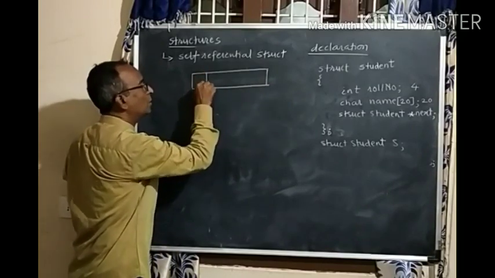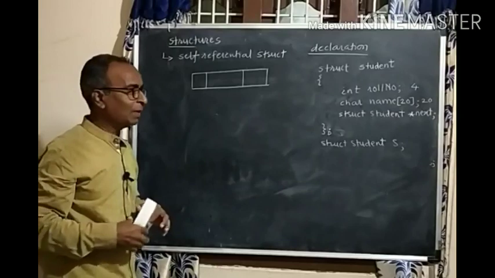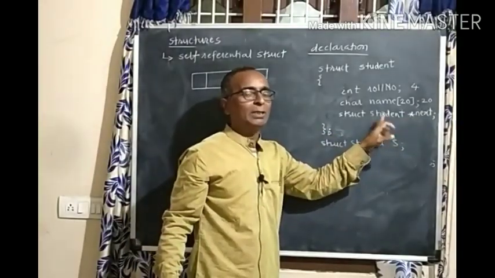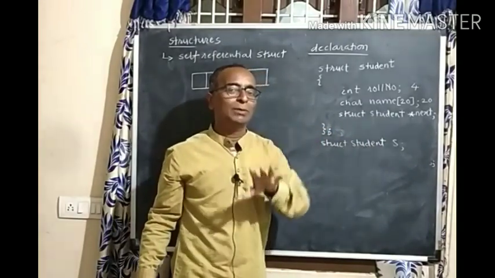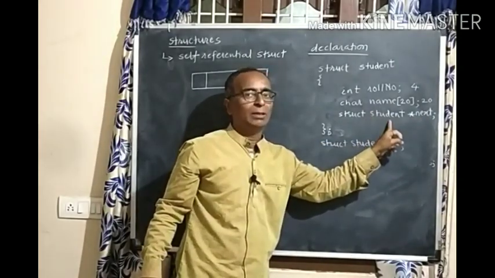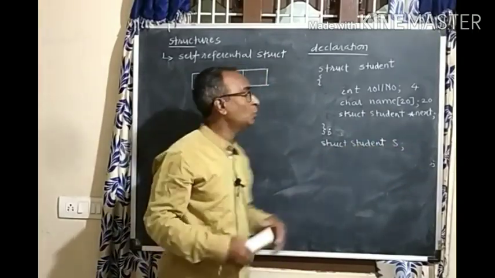The first field is roll number, the second field is name. What is the third field? The third field is a pointer to struct student. What is a pointer variable? It stores the address of that type. What is the type of next? Struct student. Where can next point? To struct student type.